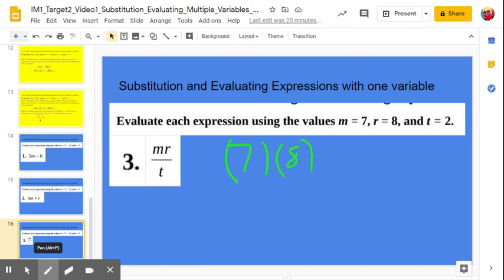So that's 7 times 8 all over, or divided by, t, which is 2. I'm substituting it in. 7 times 8 is 56, divided by 2. So our answer for this one is 28.